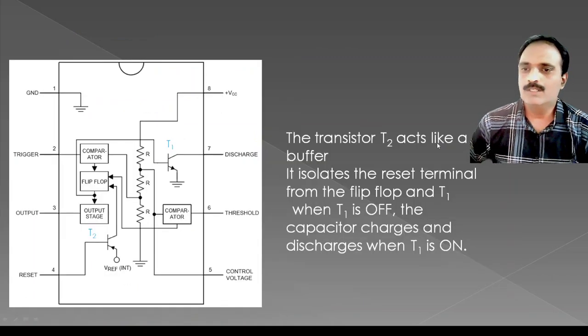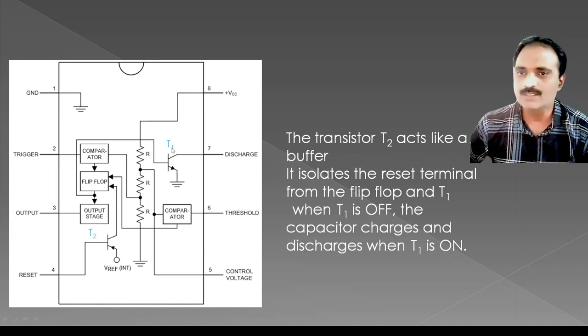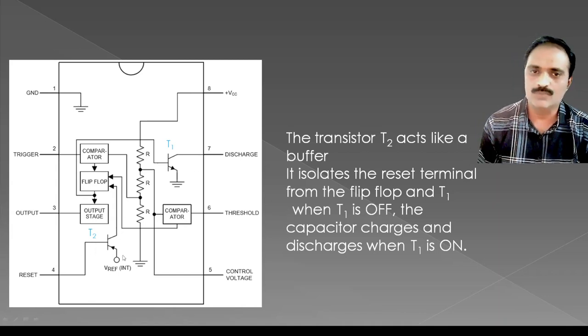Now let me brief you how the discharging and reset transistors T1 and T2 are going to work for us. Here the transistor T2 acts like a buffer, and it isolates the reset terminal.